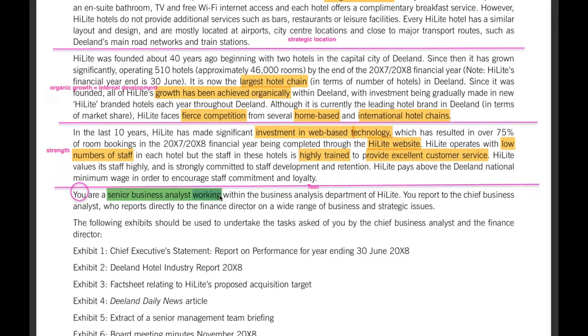You are working with whom? Within the business analyst department of Highlight. What does this tell you? Are you an outsider or are you an employee of this particular organization? Basically, this particular statement tells that you are whom?